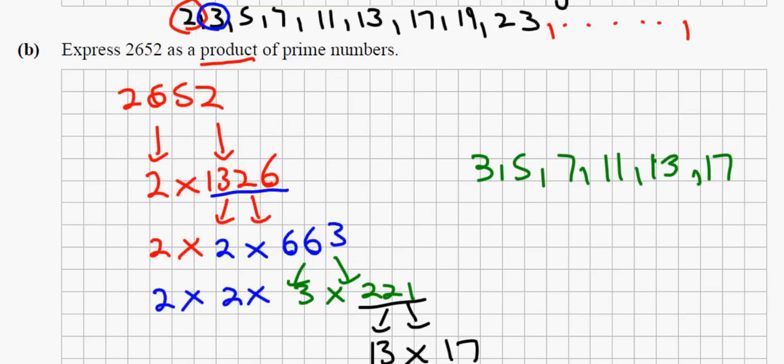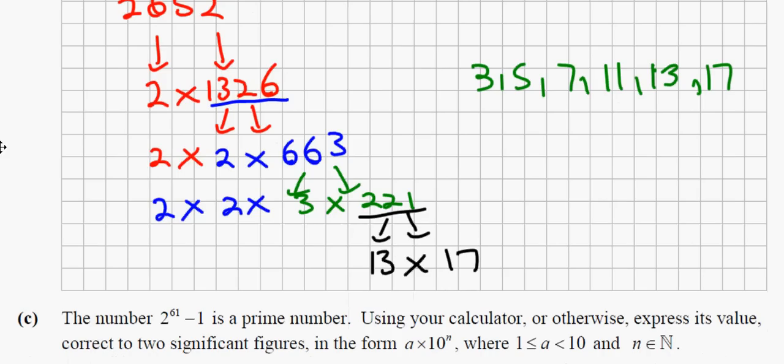And what we realize is that 13 and 17 are actually both on the prime number list. Okay, so what's going to happen next is we're going to multiply them, put in our original number. So we now know that 2652 is equal to 2 multiplied by 2 multiplied by 3 multiplied by 13 multiplied by 17.